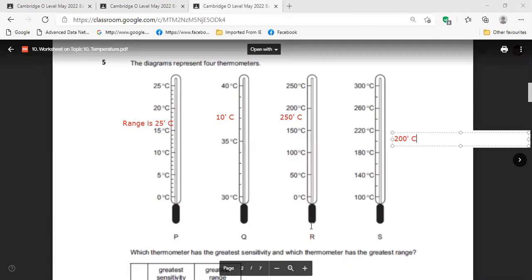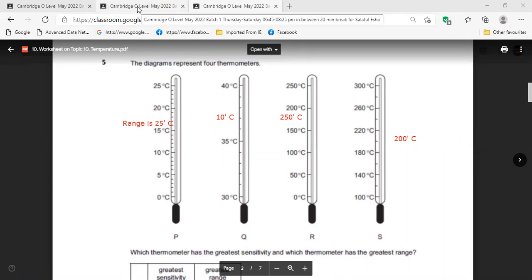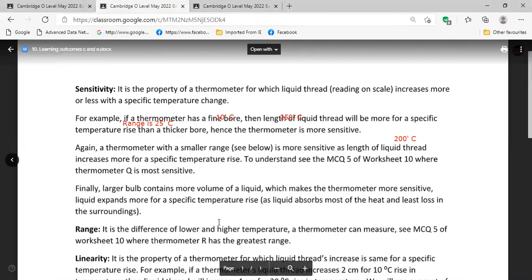How range is affecting the sensitivity? You wrote MCQ 5 of worksheet 10 in your example, so when you do this worksheet, you can recall that you understood it from the worksheet. So the sensitivity part is over.